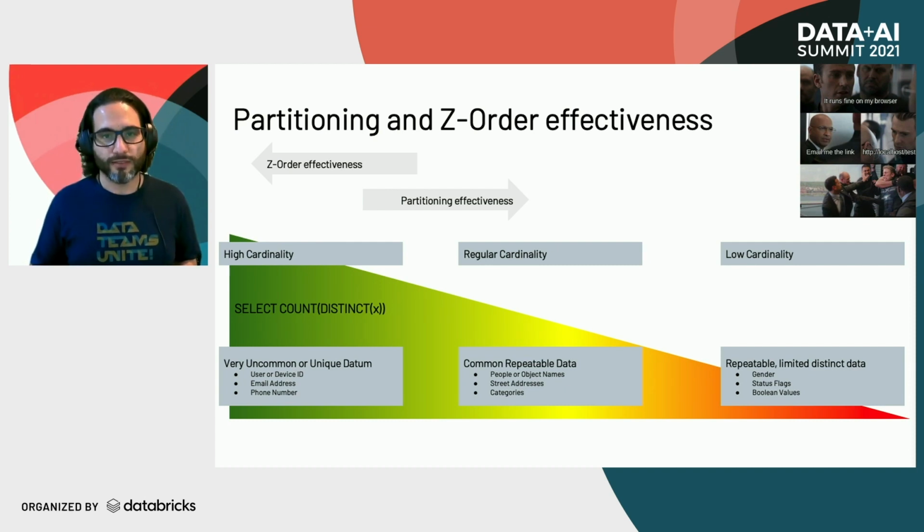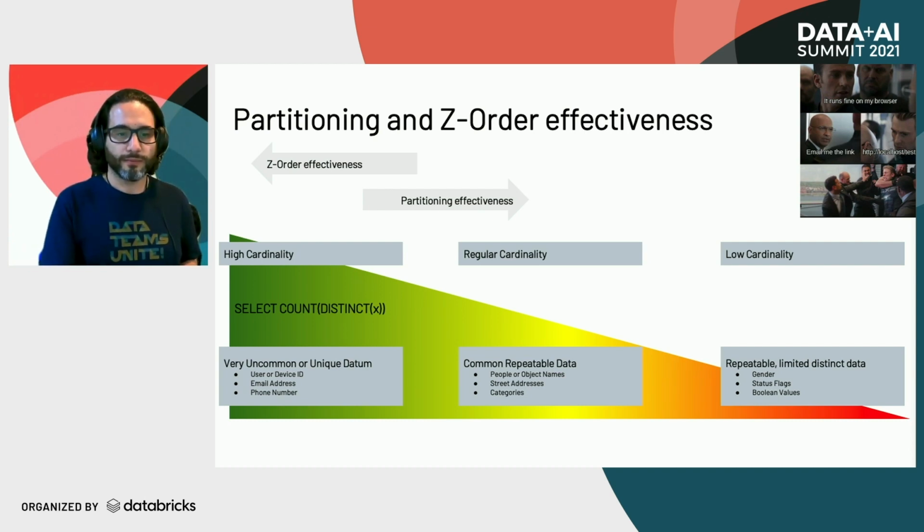Z-order is more effective on high cardinality fields. It's fields that are unique and can be ordered when you organize them. So numericals, phone numbers, email addresses, these are good candidates for fields that would be really good with Z-order. This doesn't mean that Z-order wouldn't be effective on low cardinality fields. It just means that it's more effective with high cardinality fields.